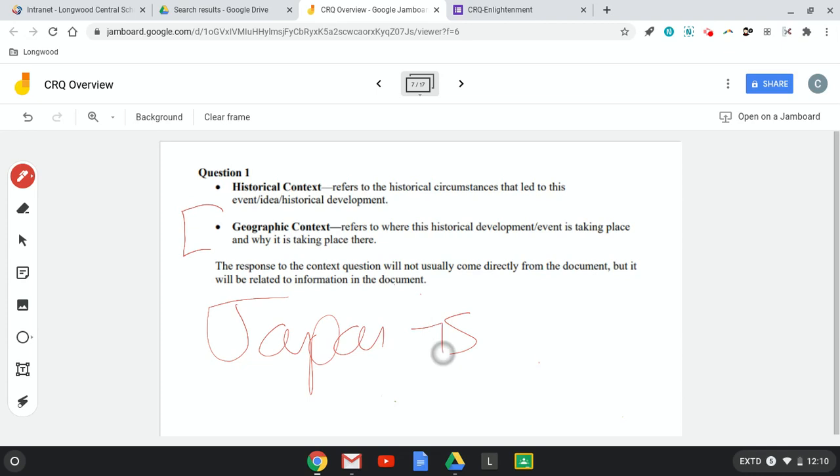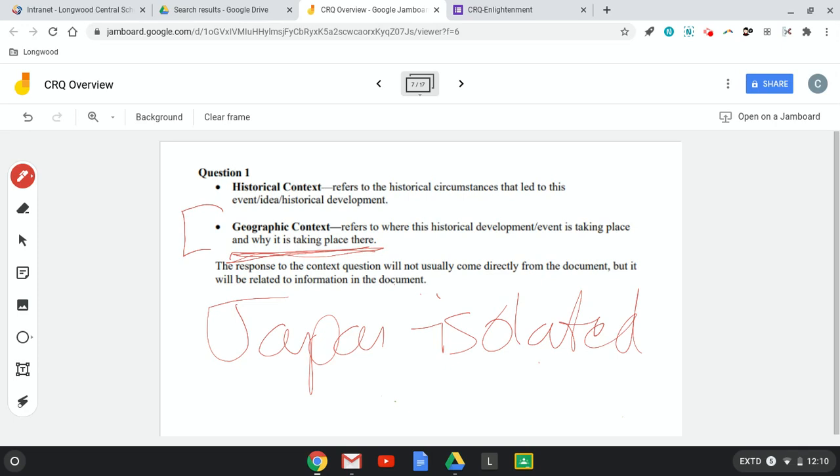We know that Japan is isolated. So we have a document that talks about Japan's isolation as an example. If we were asked to explain the geographic context, we would explain that Japan became very isolated because it was an island, which meant they could really regulate who was coming and going.